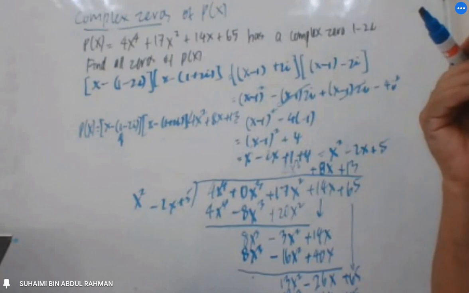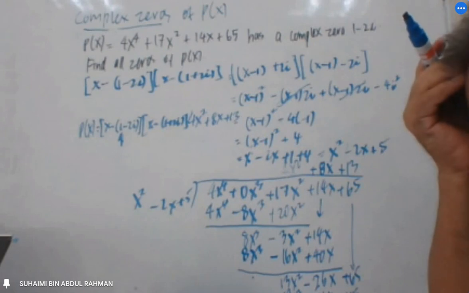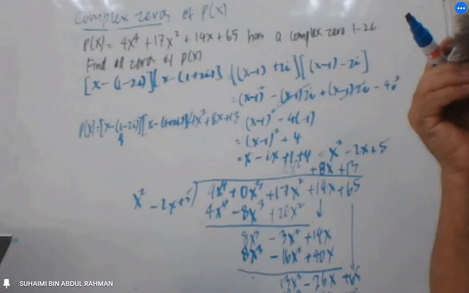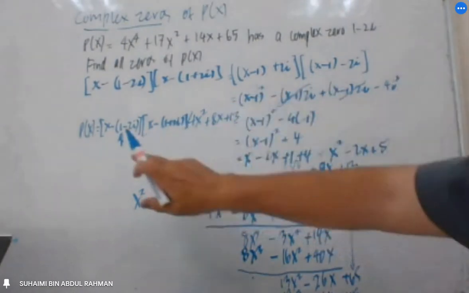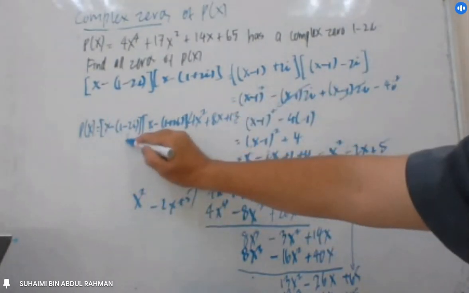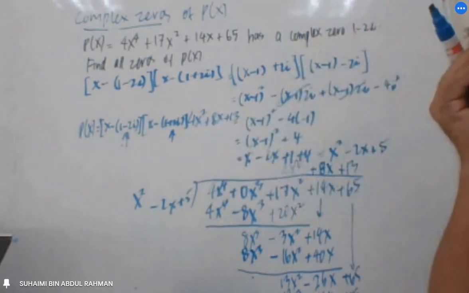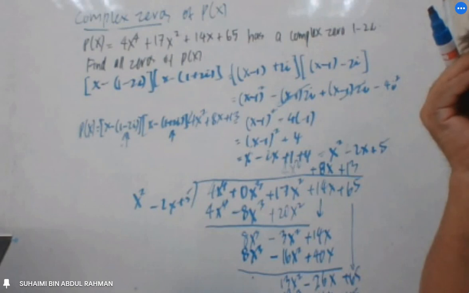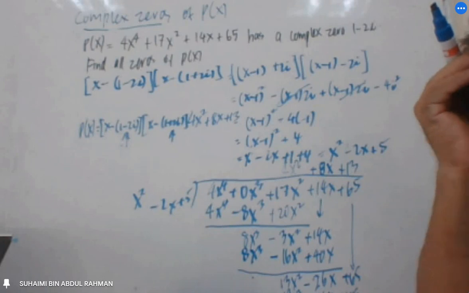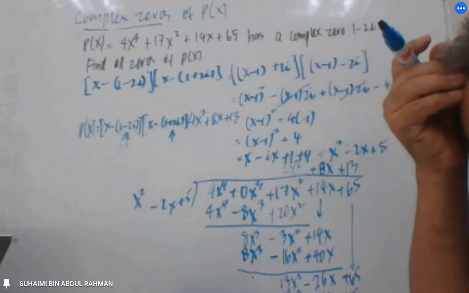Understand? Any question? You have 1 zero here. This is one of the zero. You get 1 zeros here. Right. Look at that.